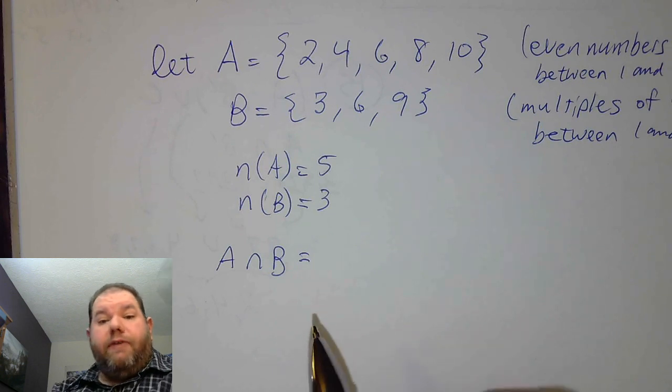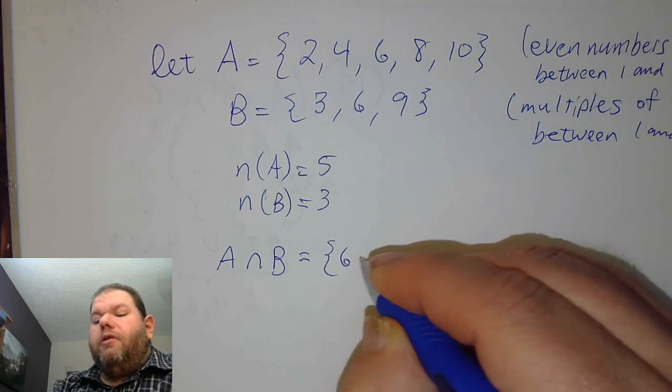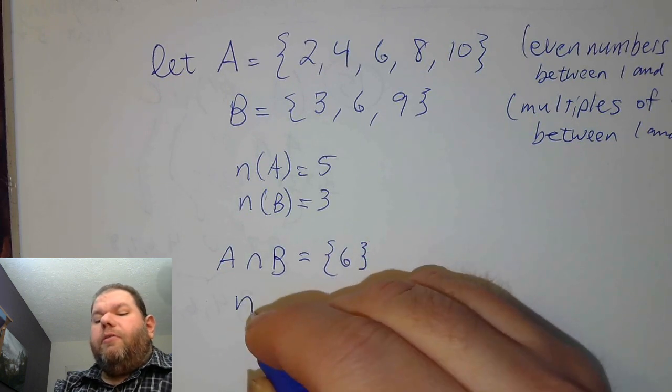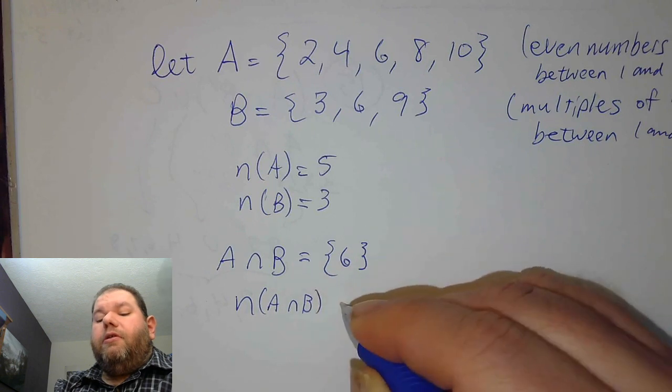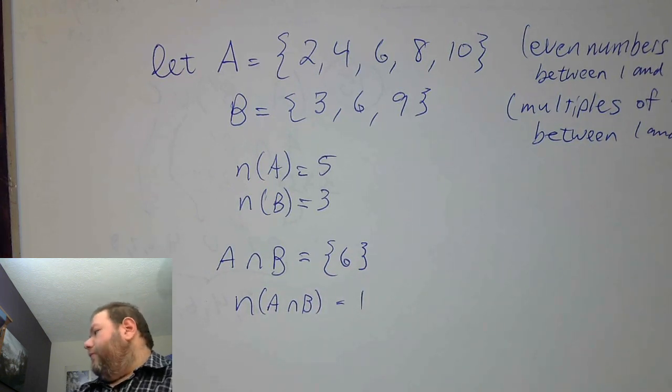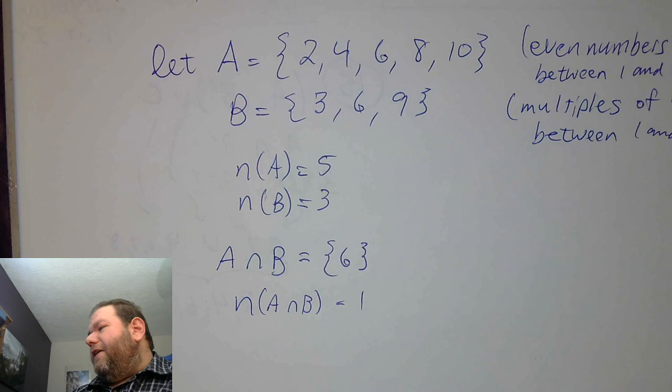Right. They both have a 6 in common. So the number of elements they have in common is 1. I don't know if I phrased that the way I wanted to ask it, so I apologize for that. But it looked like a couple of y'all figured it out at least.